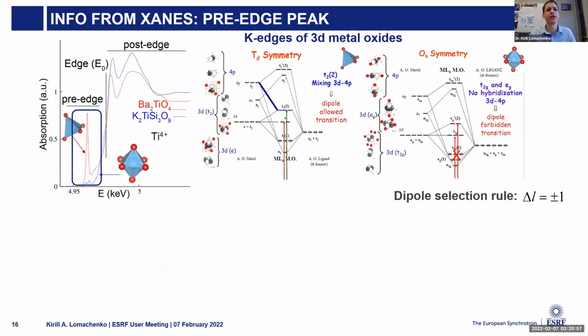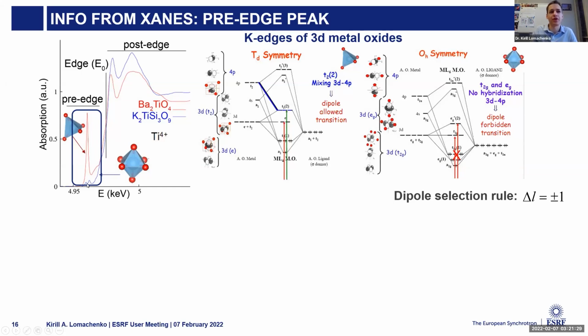Starting from the pre-edge peak, you see that, for example, for the 3d metals, it's particularly visible that for different symmetry, you can have very different pre-edge, like here for titanium 4+. Depending on the octahedral or tetrahedral environment of titanium, you can see that the pre-edge intensity is very different.